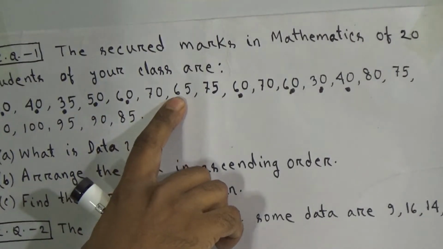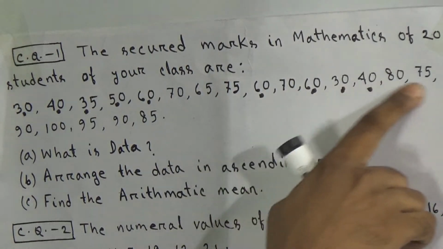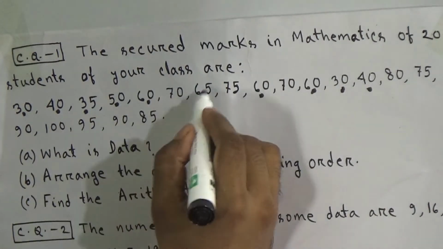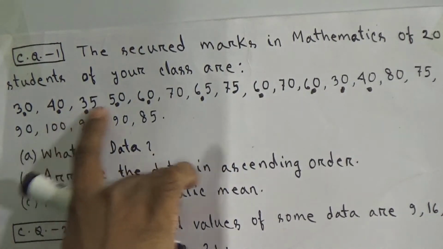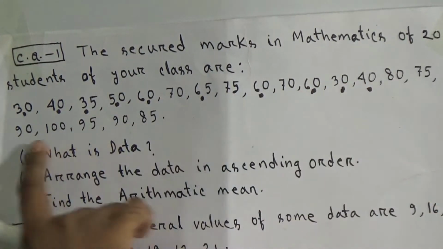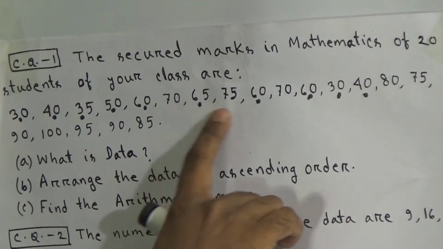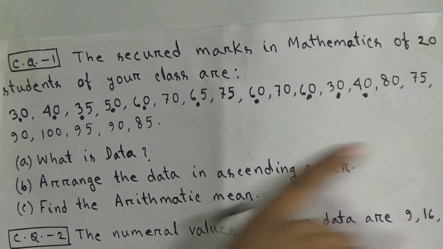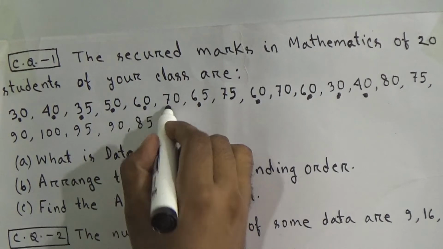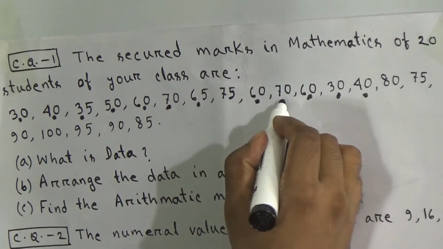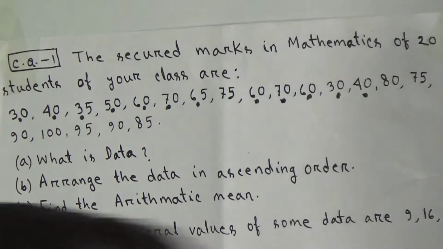After 60 here, 65 exists, only 1 time. Yes, only 1 time. So we'll write now 65. Then we are watching 70 exists here 2 times, 70 and 70.